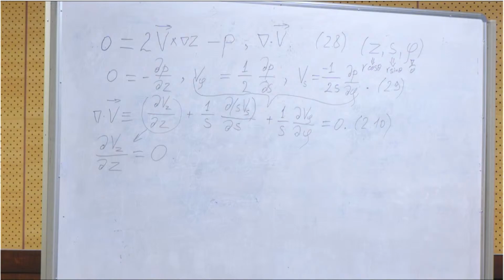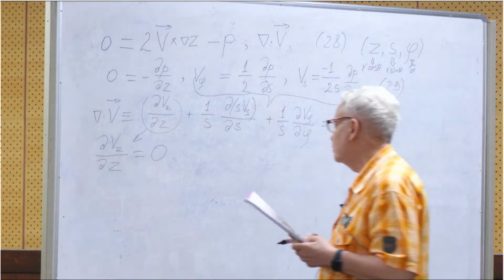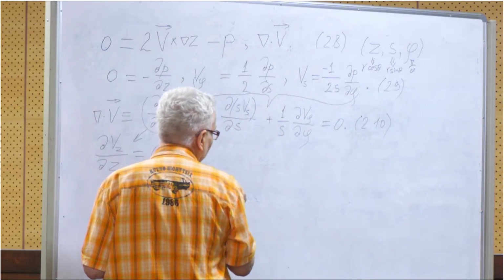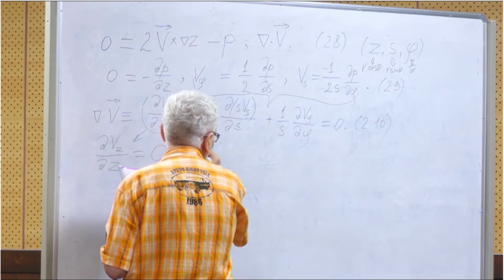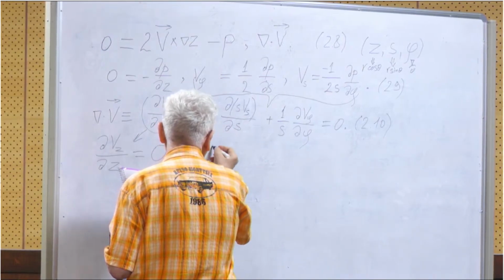It will take some fixed value in this direction. It's an important formula, and it has its own number, 2.11.